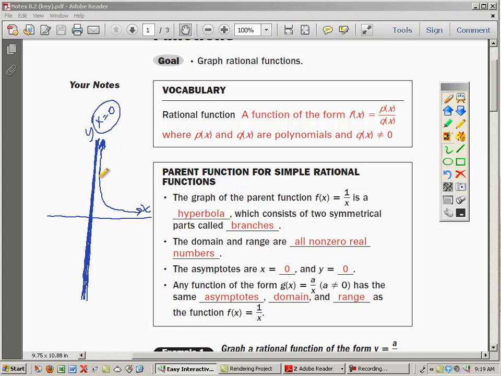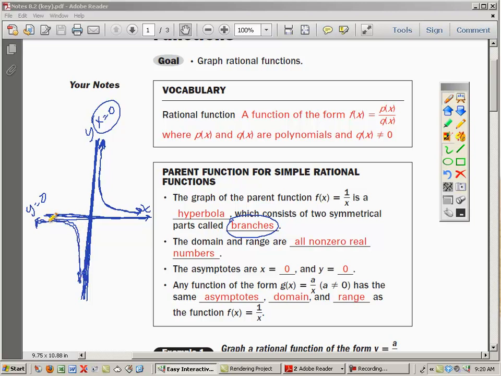Same thing as we move to positive infinity in my x direction, my graph is going to get very, very close to the x-axis or the line y equals 0. It's going to get really, really close to it, but it's never going to actually touch it. Now, that's one branch of the hyperbola. There are two branches, and because it's symmetrical, you're going to get something that looks like this on the other side.